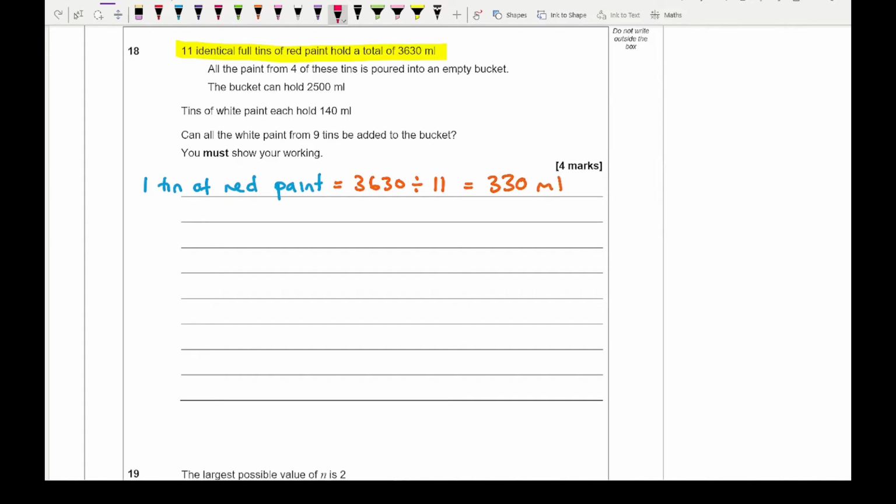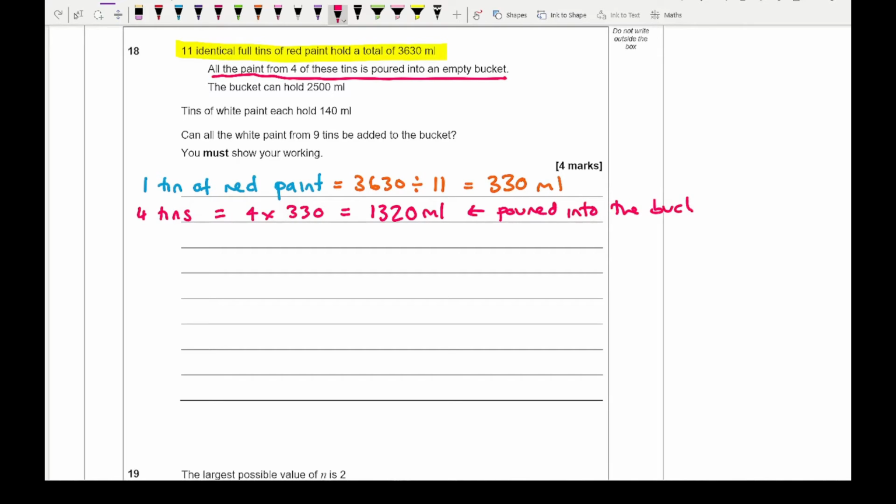So from this, we then need to work out what 4 tins of red paint is going to be. So 4 tins is going to equal 4 times 330, which again on the calculator gives me an answer of 1320 millilitres. Now this is the amount that's poured into the bucket.